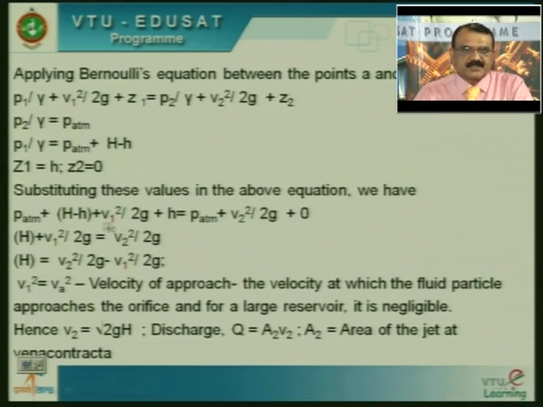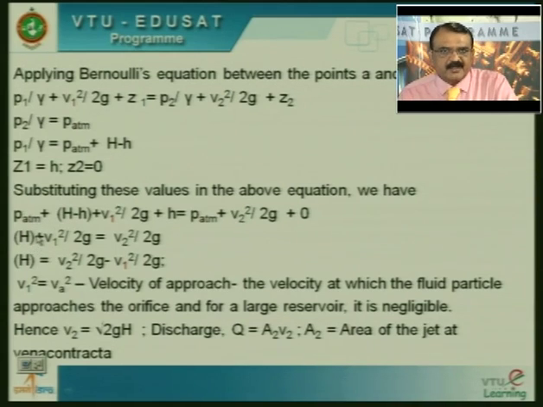If you simplify this, look at this, minus small h plus small h cancel each other. So you are left with capital H plus V1 square by 2g, that must be equal to V2 square by 2g. Now remember, there is a P atmospheric term. So this and this get cancelled.